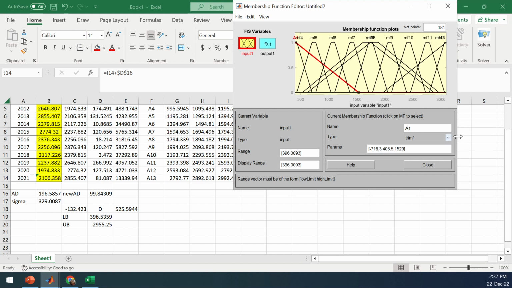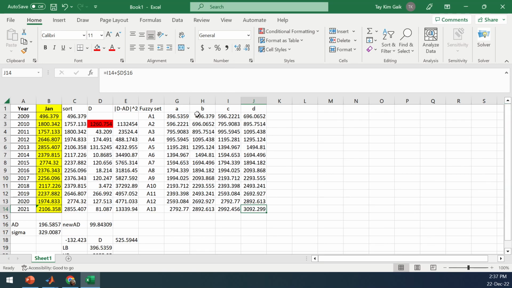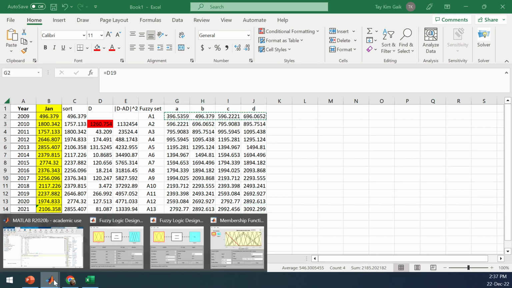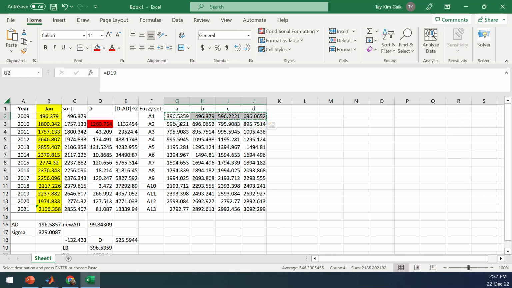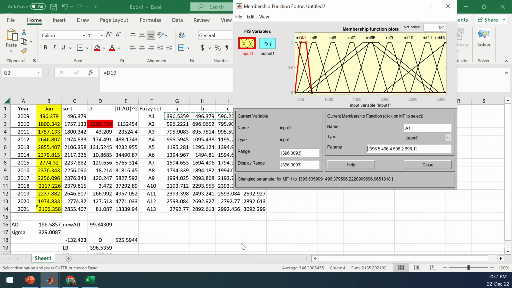Then click A1, I want it to change to trapezium. And then the parameters for A1, I select A, B, C, D. I get the first fuzzy set A1. So this is a trapezoidal fuzzy set. Then the A2, make sure I click the A2.